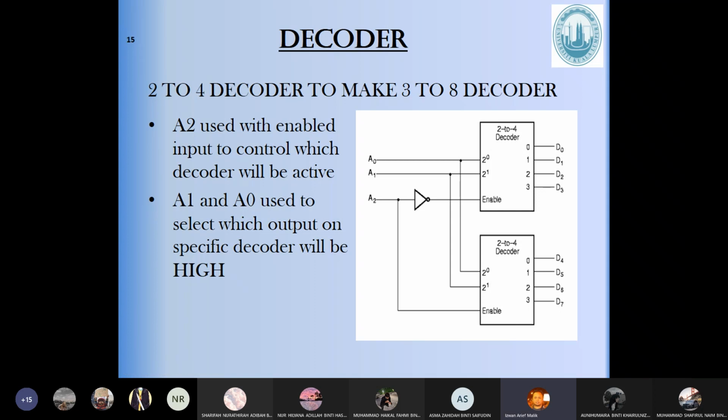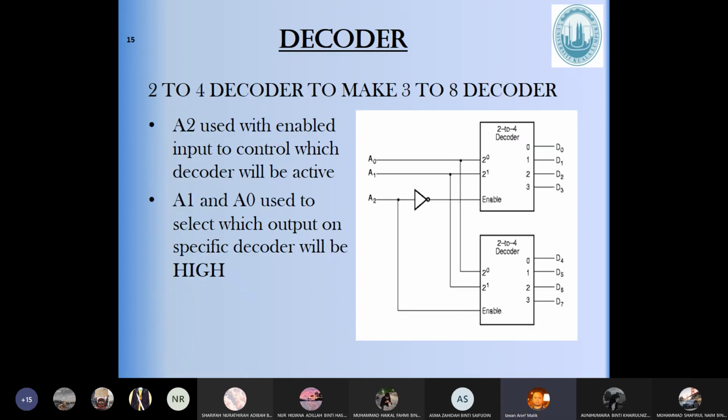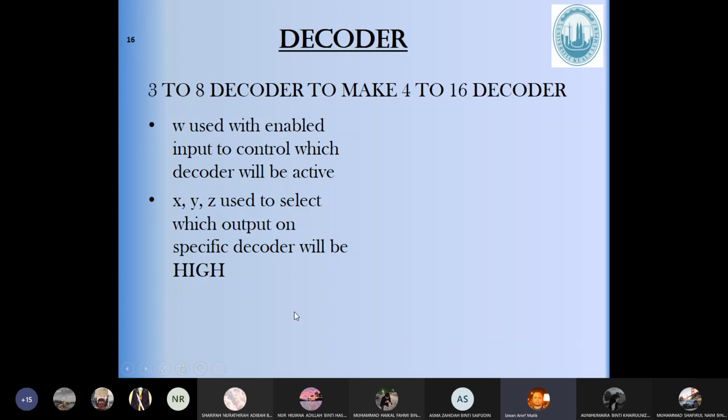Alright, so basically kalau kita tengok table 3 to 8 pun, for 1, 1, 1, 7 yang akan jadi high, bukannya 3, not the third one, it is the 7th one. Walaupun sepatutnya 3 pun nyala, 7 pun nyala, tapi sebab enable dia ni, dia turn off. So now the function of this enable is basically working as a switch. So dia akan tentukan yang mana yang akan menyala, sama ada decoder atas atau decoder bawah.